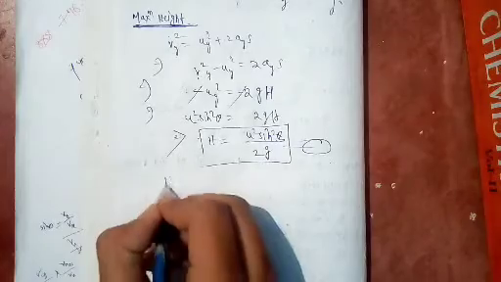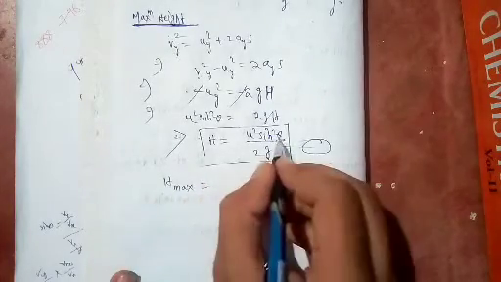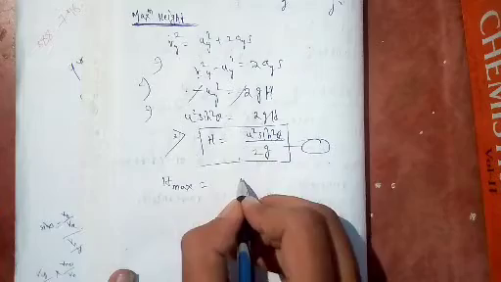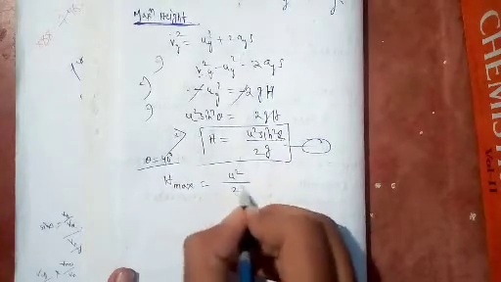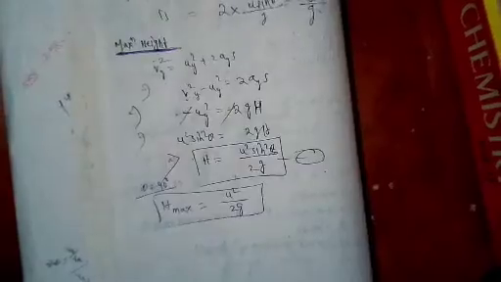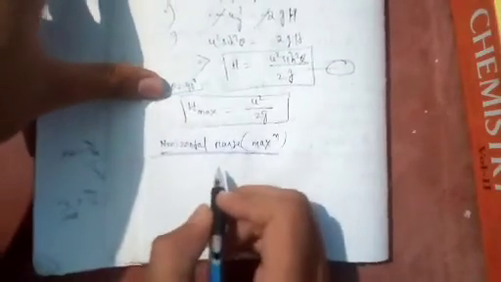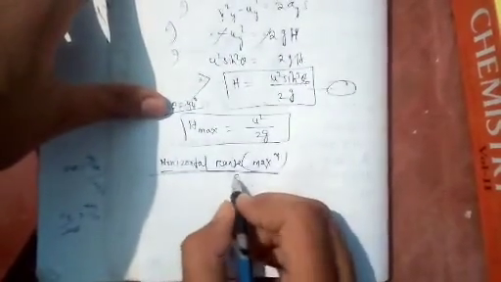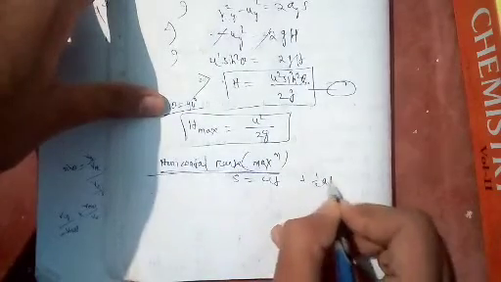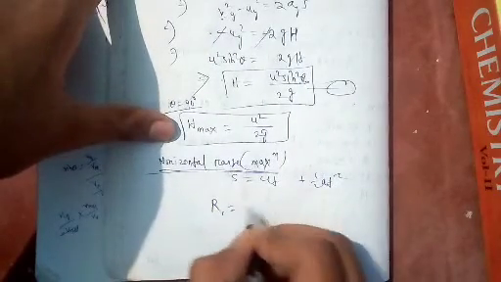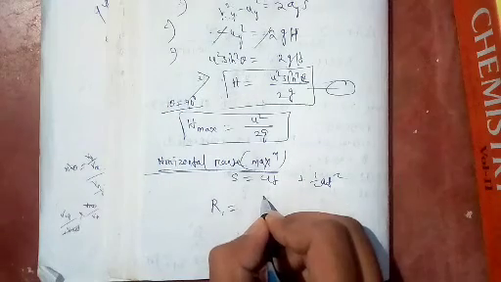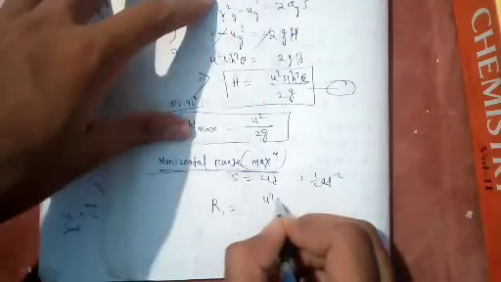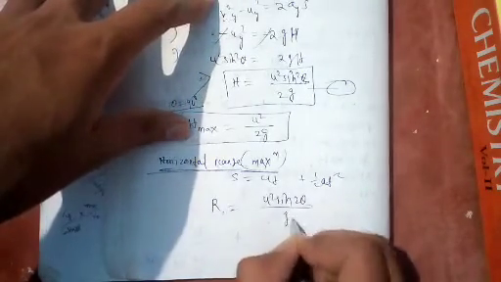Okay, when would it be maximum? h max is when theta is 90 degree. When theta is equal to 90 degree, h maximum is equal to u square upon 2g. Similarly, the horizontal range derivation is also by applying s is equal to ut plus half a t square, then we get r is equal to u square sin 2 theta upon g.